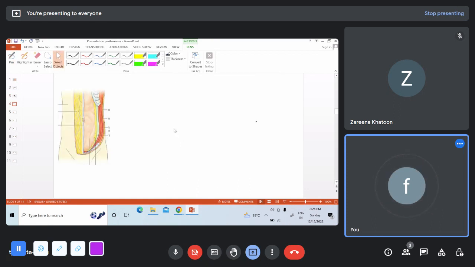In this slide we'll be studying about the layers of the abdominal wall. The first layer is the skin, then we have superficial fascia, then we have the muscles, then we have a fascia which is named region wise.